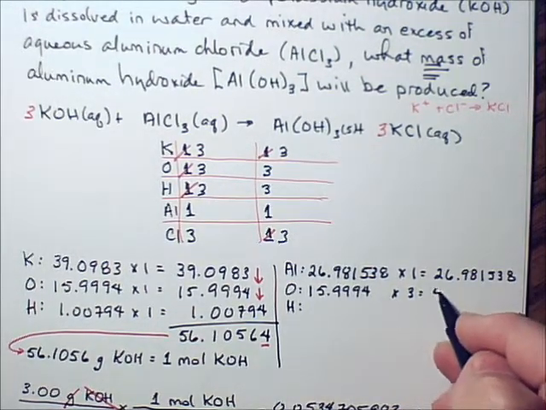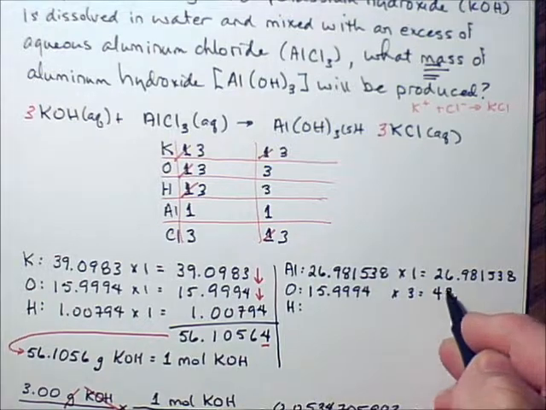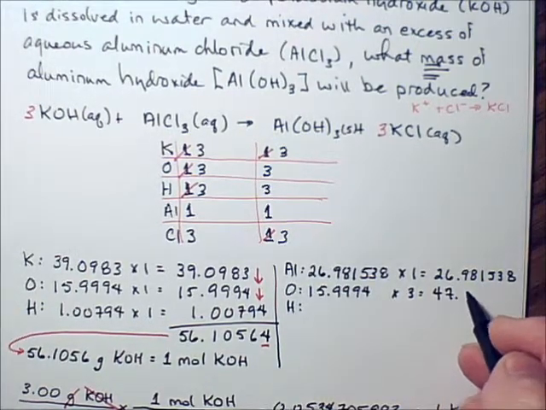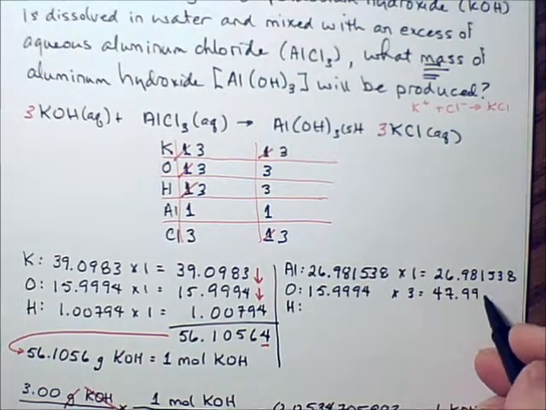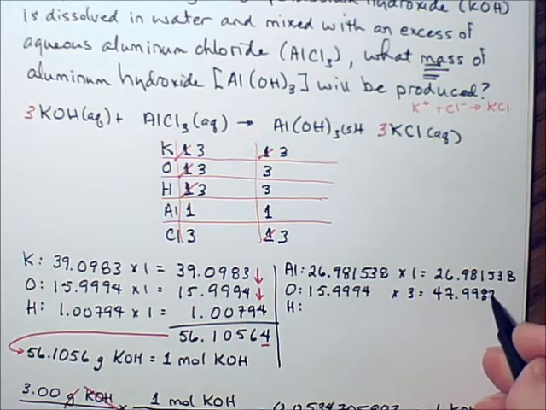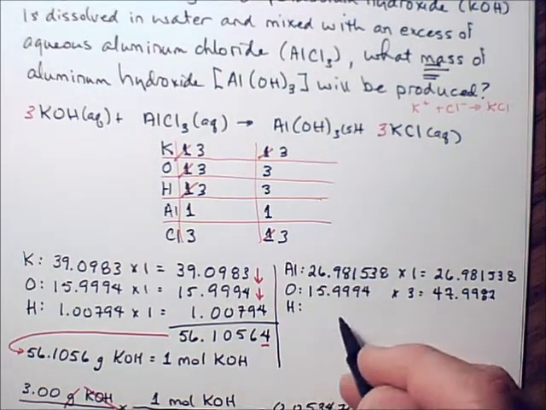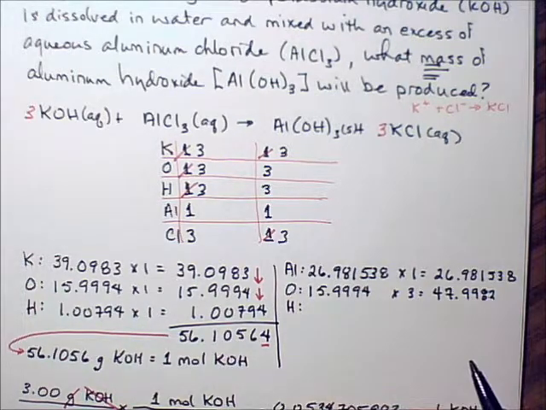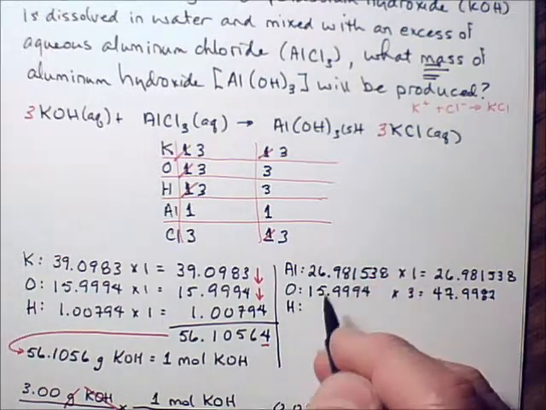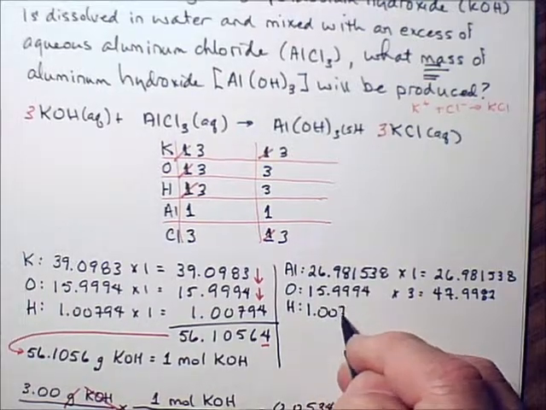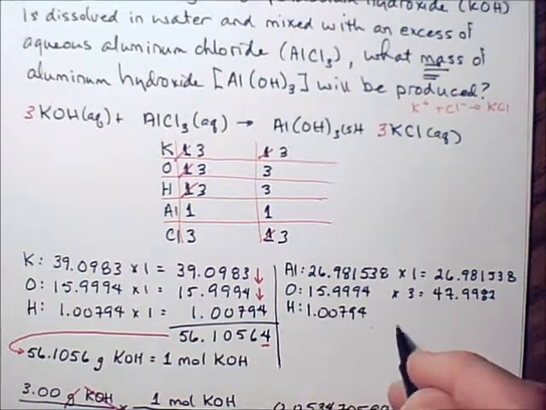And that becomes 47. You know, if you were plugging this in your calculator as I walk through this thing, you'll be so much better prepared for the test. And if you're just sitting around and copying answers, that doesn't really help you much with the test. Hydrogen, 1.00794. How many of those do we have? 3.